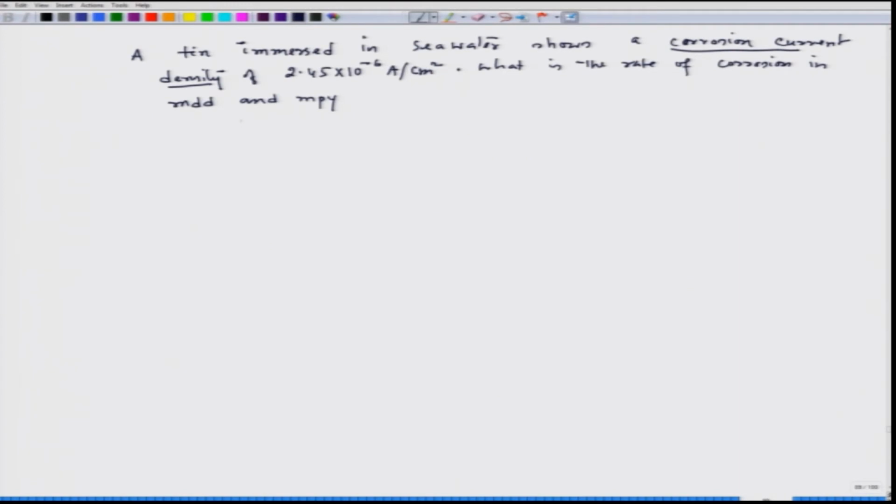So, we can start expressing this mass loss divided by area and time, which is nothing but I A Sn divided by n F, where A Sn is the atomic weight of tin, 118.71 gram, and F is 96500 coulomb.